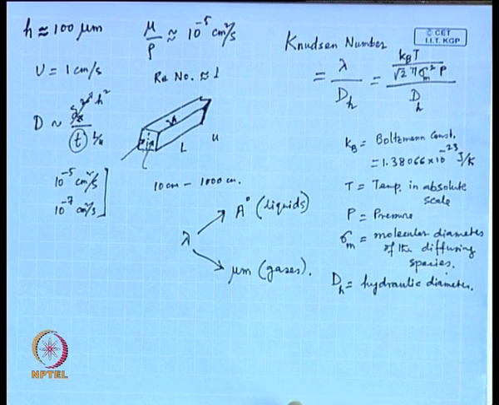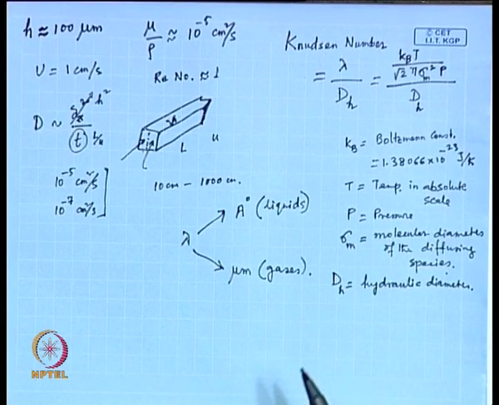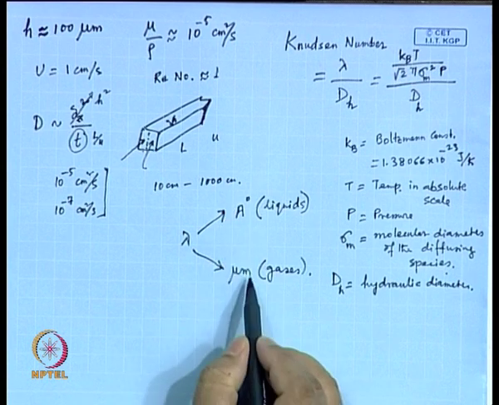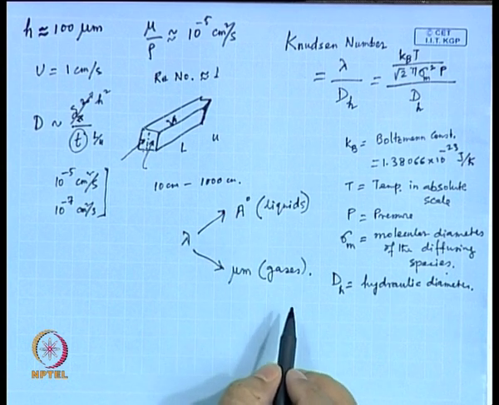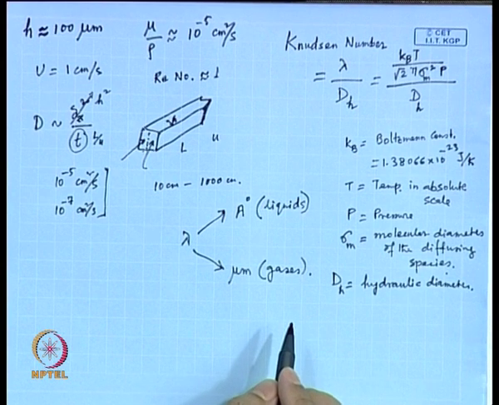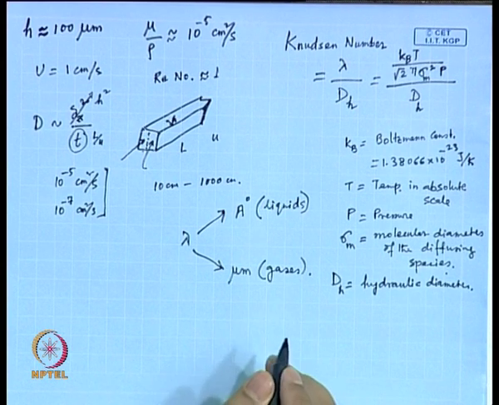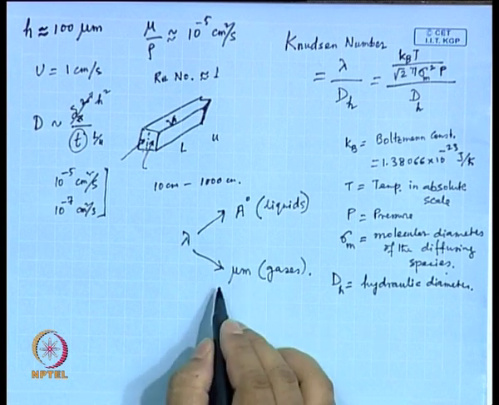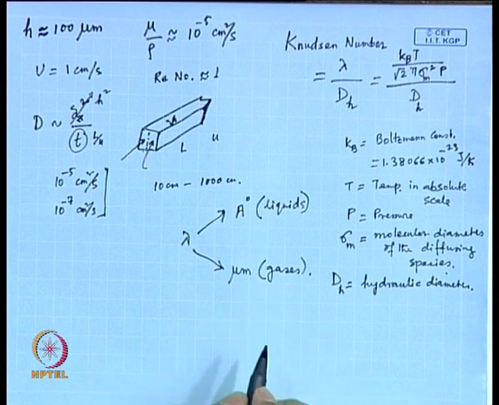So, what do we conclude from here? If lambda is in the order of angstrom for liquids and of the order of micrometer in case of gases, then the Knudsen number would be important for which material? It would be for the gases. For the gases, the Knudsen number would be important.